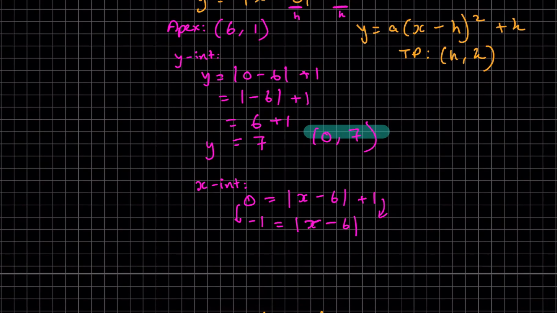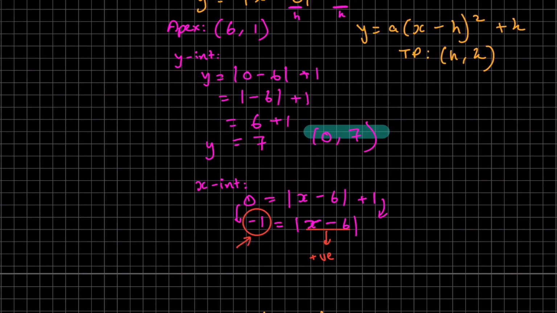We know that no matter what value we get in this modulus, if we're taking the absolute value of any number between these two lines, it will always spit out a positive number. So, essentially, it is impossible for us to get a modulus of a number which is negative.